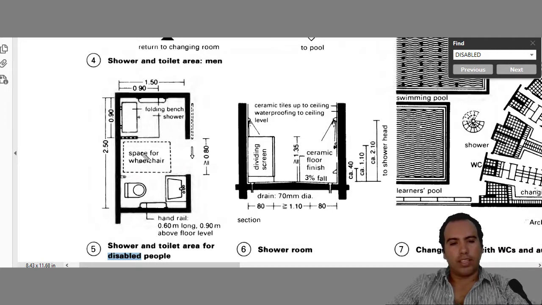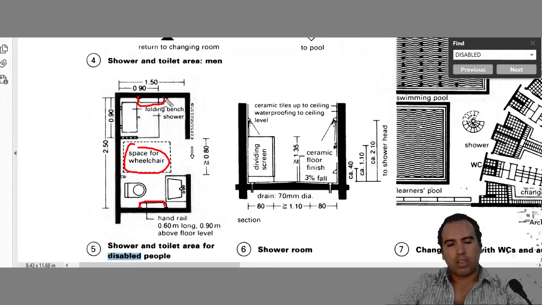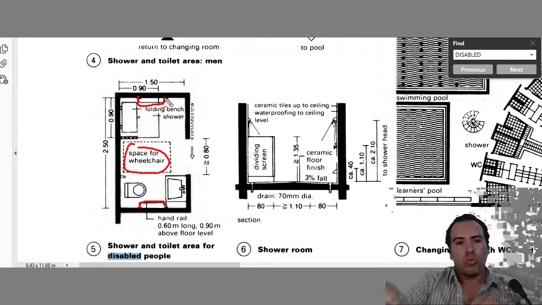One of the biggest ones is the toilet area and the shower room. And here we have both. There's a space for the wheelchair in here, and you have to keep in mind all the rails and handrails, so they can climb from the wheelchair to themselves.